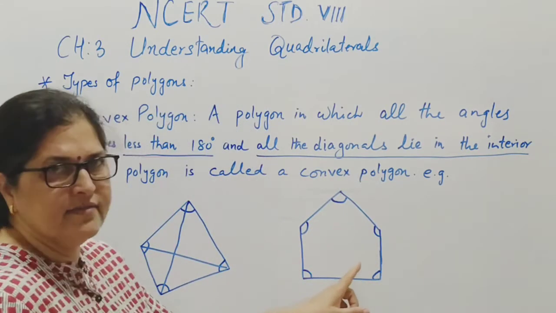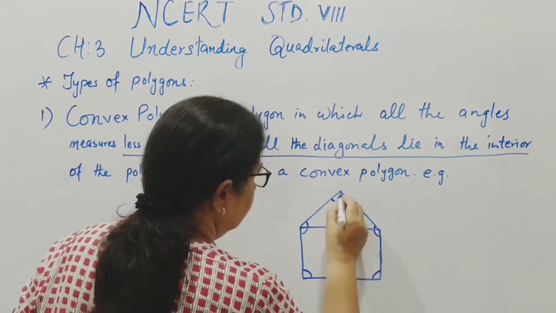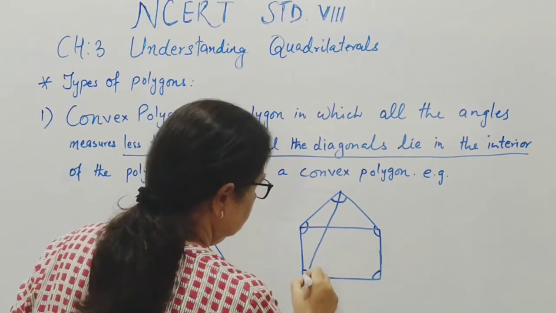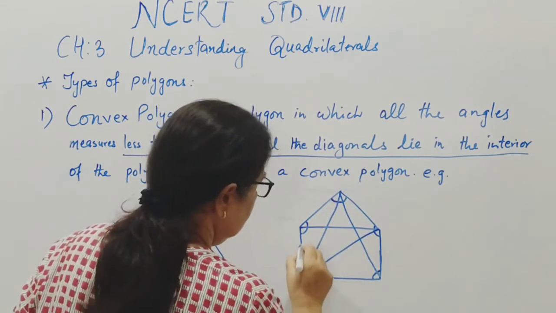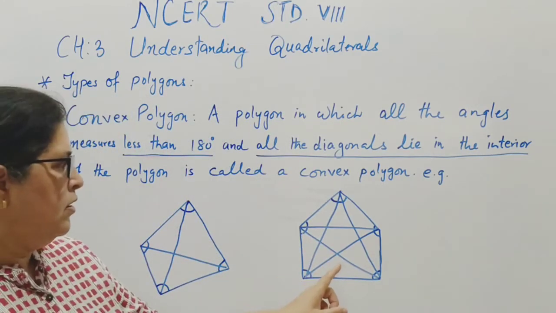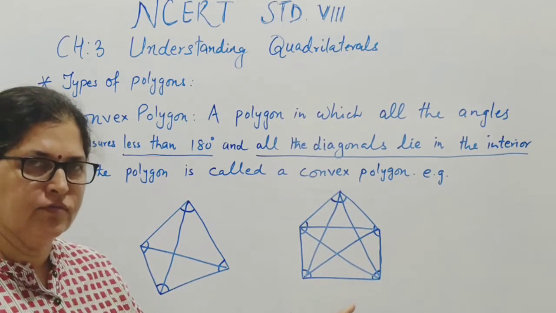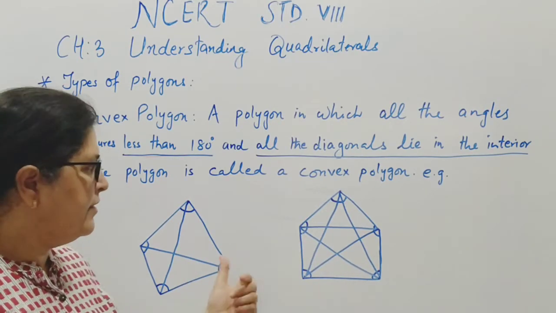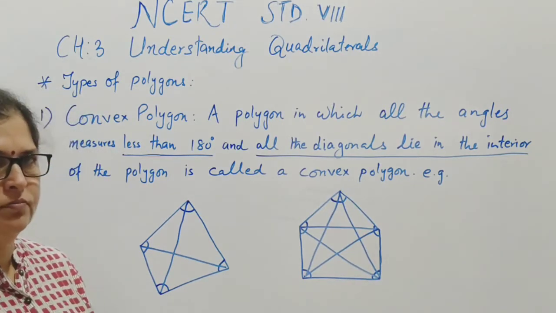All the angles are less than 180 degree. Now we'll check the diagonals. Here also all the diagonals are in the interior of the polygon. Hence these two are the examples of convex polygon.